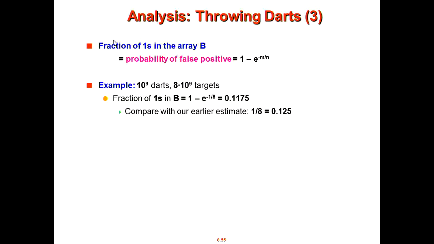In our example, we have 10 to the power 9 darts, which is 1 billion email addresses, and a 1 gigabyte bit array, 8 billion bits. So the fraction of false positives from this computation is this value. Actually, it's slightly smaller than 1/8, because some hash values will hash to the same bits, so that's why this value is smaller.